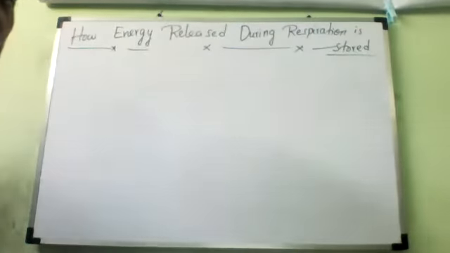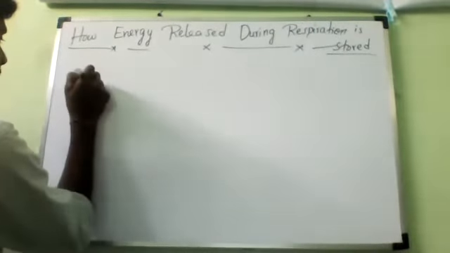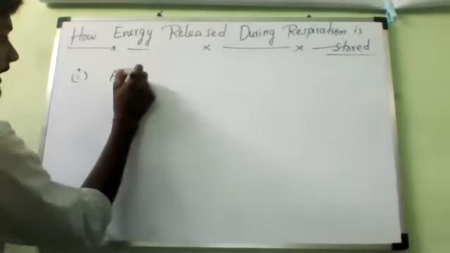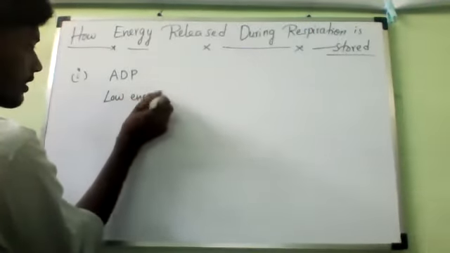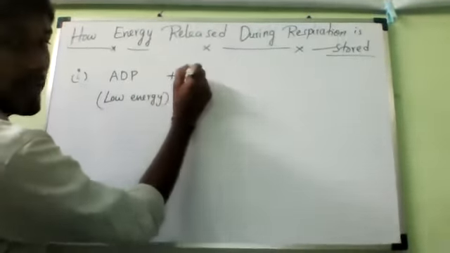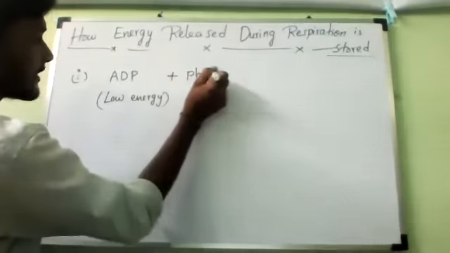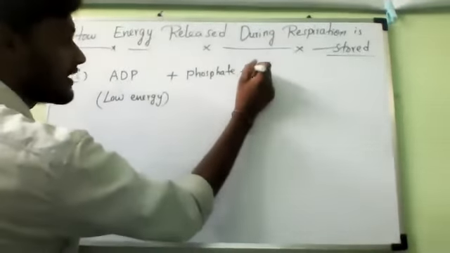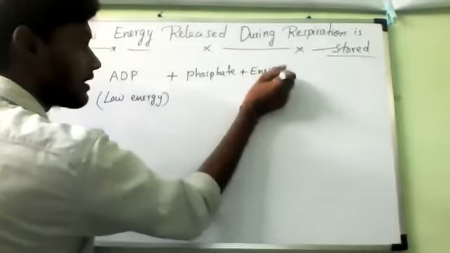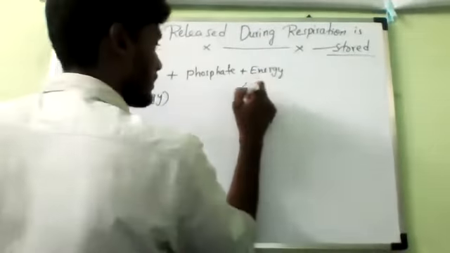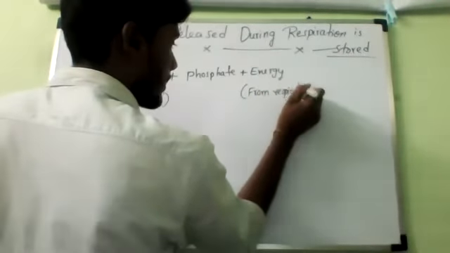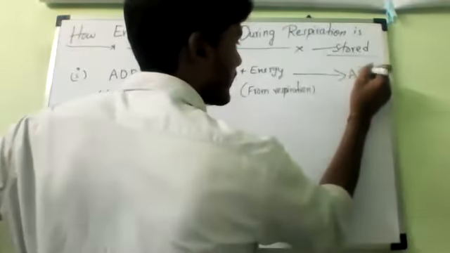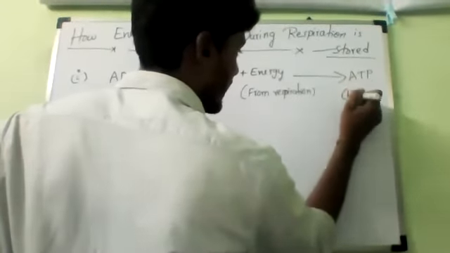In the first chemical process, ADP is the low energy molecule. If we add the phosphate group again, because ATP is triphosphate, along with a little energy from respiration only, it will be turned into a substance called ATP, high energy.